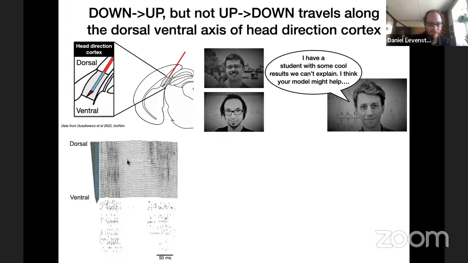What they found is that when they look at the data during sleep, and they look at the slow wave, this shows an example slow wave or down state, the up to down transitions were synchronous, but when they ordered the cells from dorsal to ventral, the dorsal cells basically always seem to spike early.